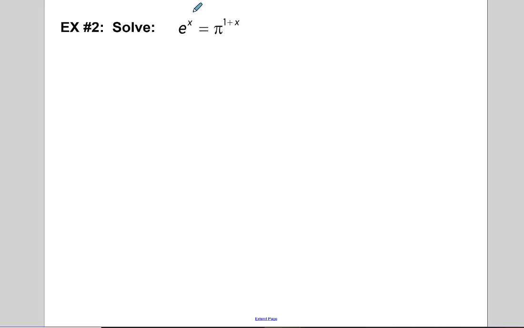In this case, I need to get to the variable, and the variables happen to be raised to a power. So the way to get them down from the power is to take the log of both sides. And since the base was e, I'm going to choose to take the natural log of both sides.